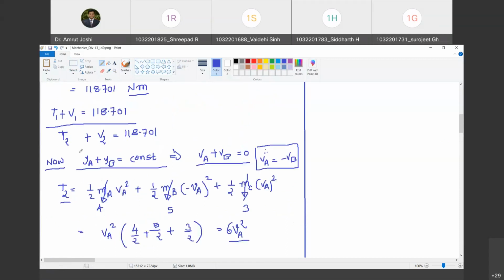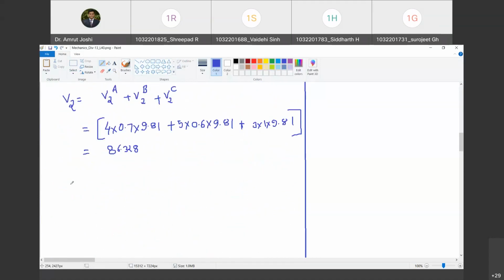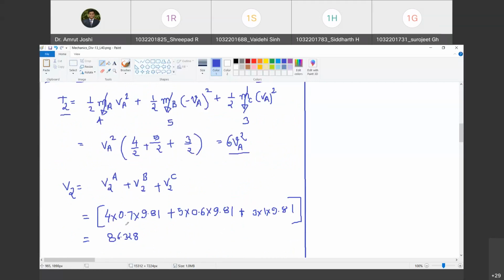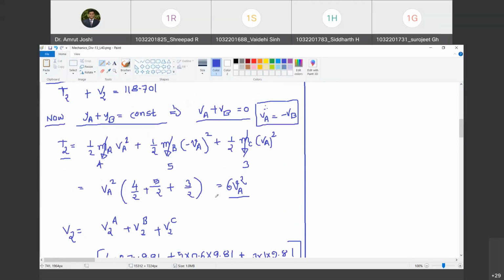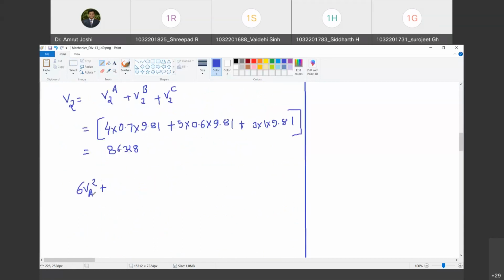And now it's easy. T2 plus V2 has to be equal to 118.701. So what is T2? T2 is 6 times VA square, where VA is the velocity of block A at position number 2, so I will introduce this notation 2 here.